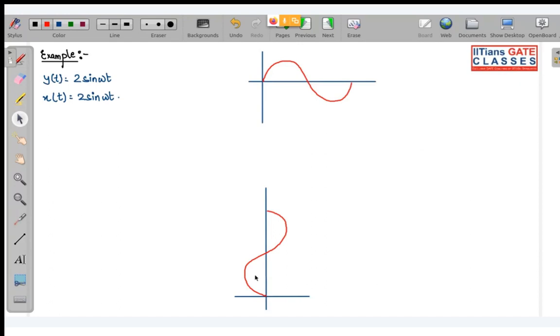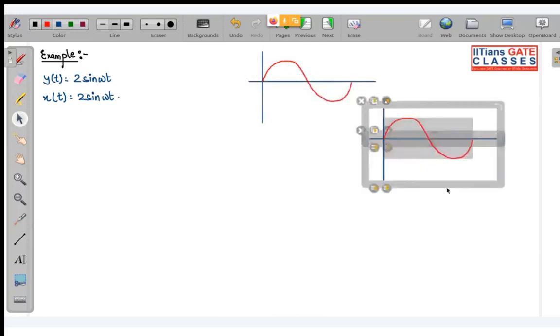If I draw it like this, it will take a lot of time, so let us not make it complex, keep it simple.